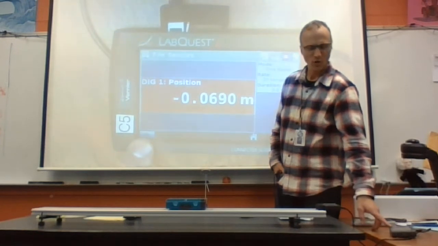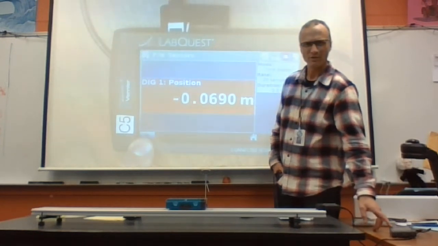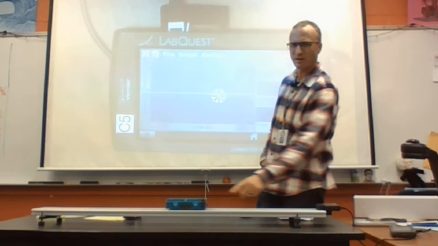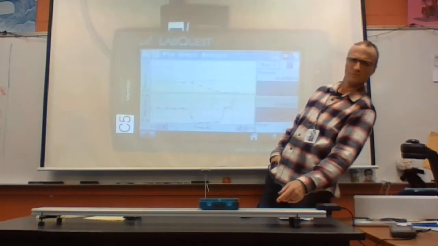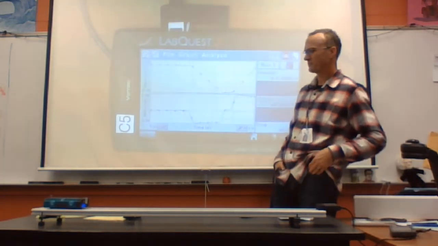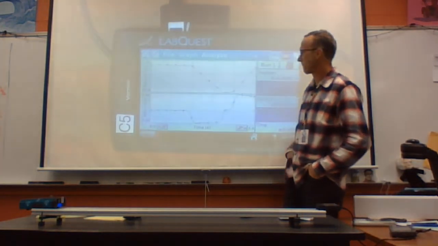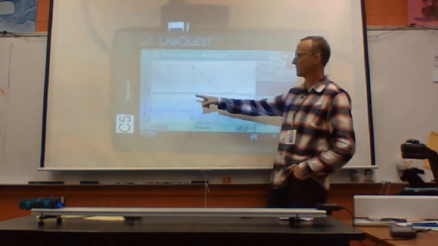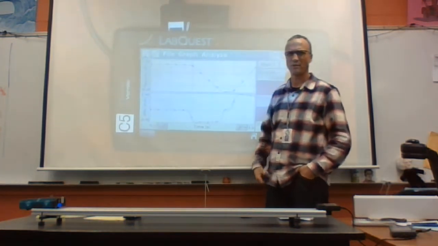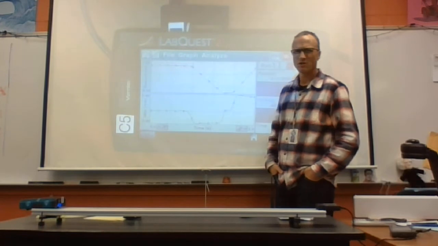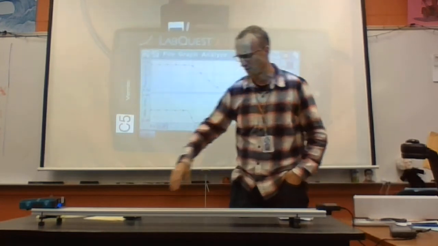And if I hit go on the LabQuest, and I give the cart a push, graphs are produced of position versus time and velocity versus time. So what? How are those useful to us?